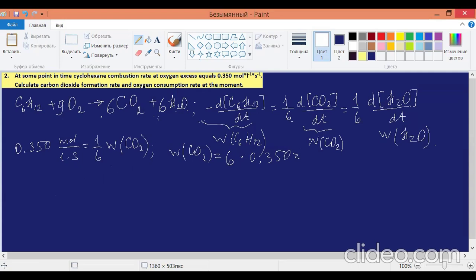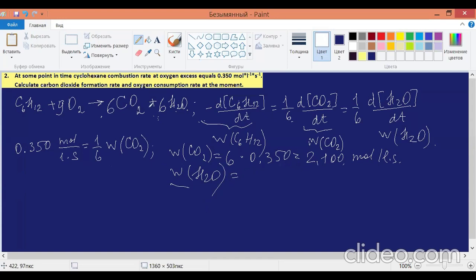I'll get a calculator to get the right answer. So 6 multiplied by 0.35, and we'll get 2.100 moles per liter per second. And as we see, absolutely the same number will be for water vapor formation.